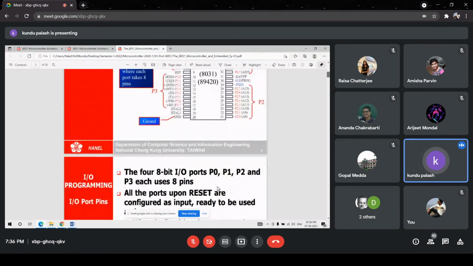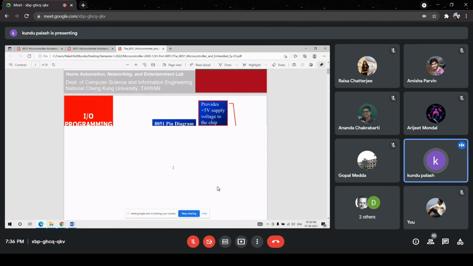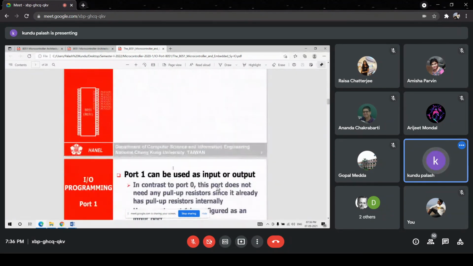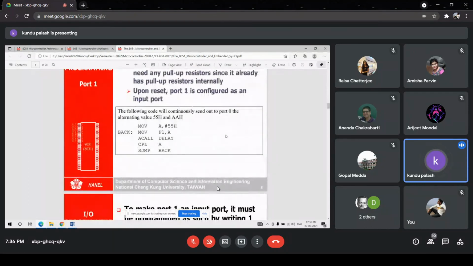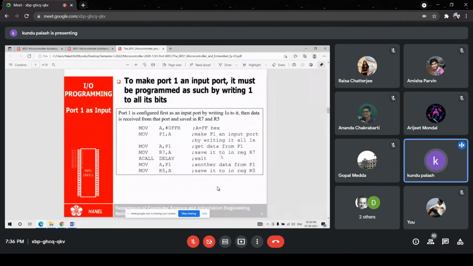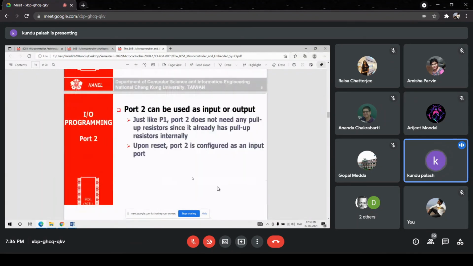This part is taken from the textbook by Mazidi and Mazidi, 8051 IO port programming. Only this chapter. I think this book, the total ebook, has been sent already. You confirm whether it is true or not. So how the program can be developed by involving IO. So these are the segments.